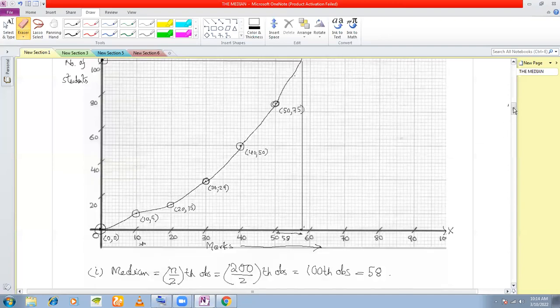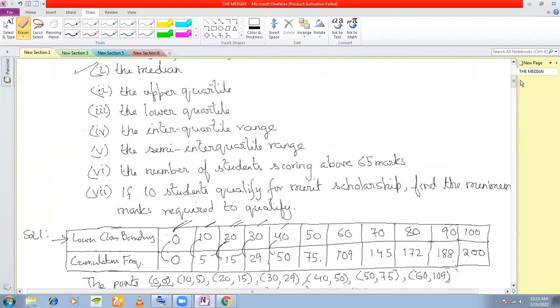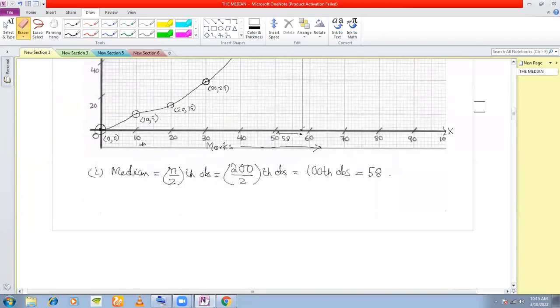Okay. So once we have calculated the median, we'll now see how to calculate the upper quartile. Exactly the same as the median we are going to calculate, but we are going to use the formula for upper quartile. Upper quartile is denoted by Q3, right?